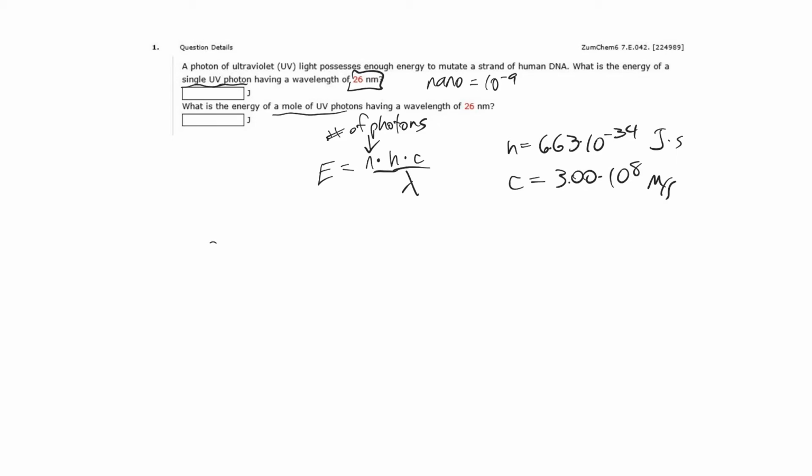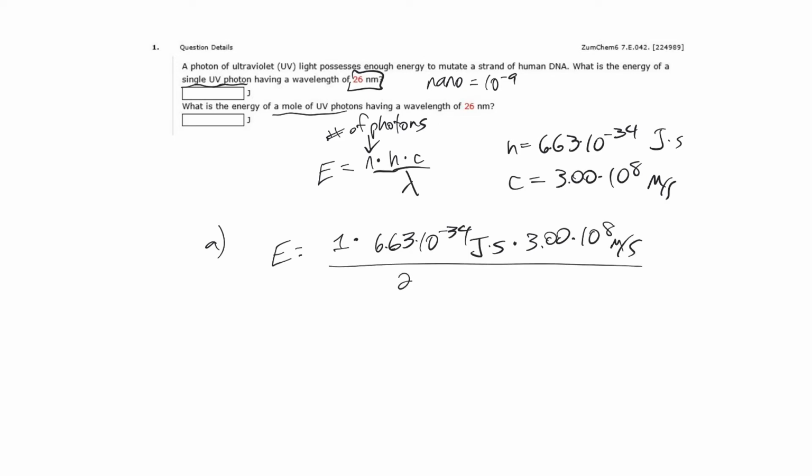So in part A, or the first problem, the energy contained by that single photon would be 1 photon times Planck's constant times the speed of light all over 26 times 10 to the negative 9th meters.